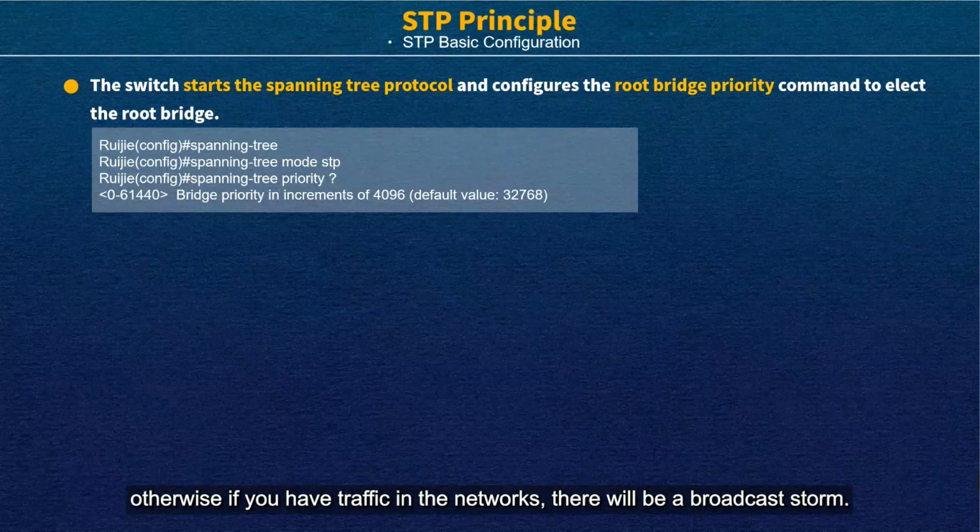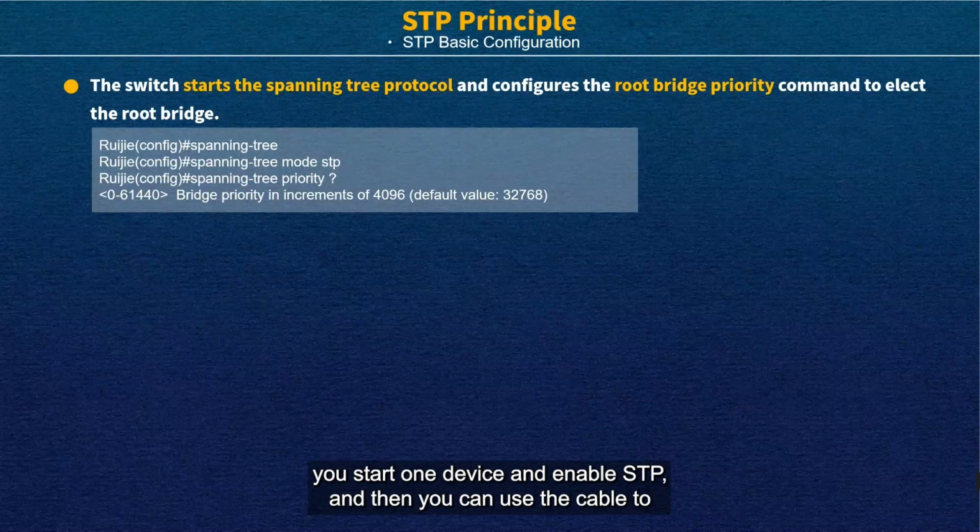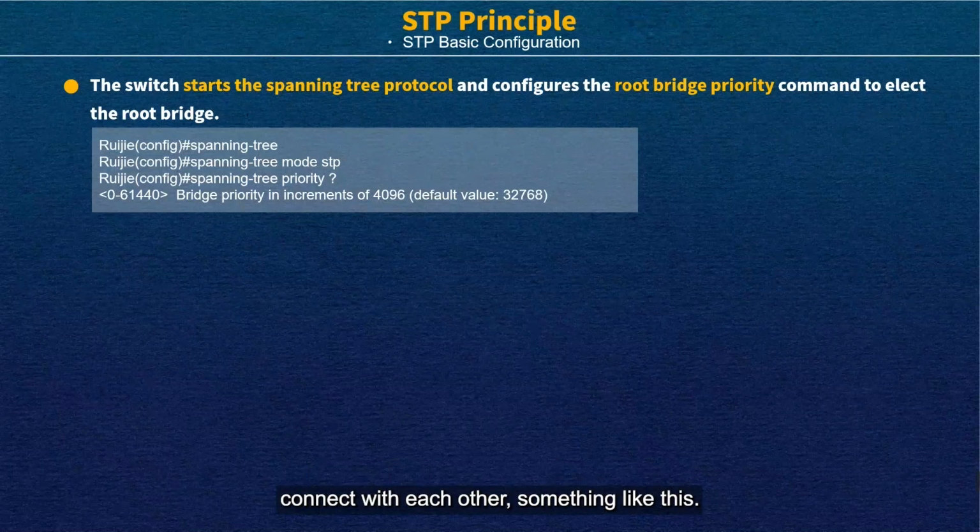Otherwise, if there is a message in the network, there will be a broadcast storm. So I suggest you start one device, enable STP, and then use cables to connect them to each other.